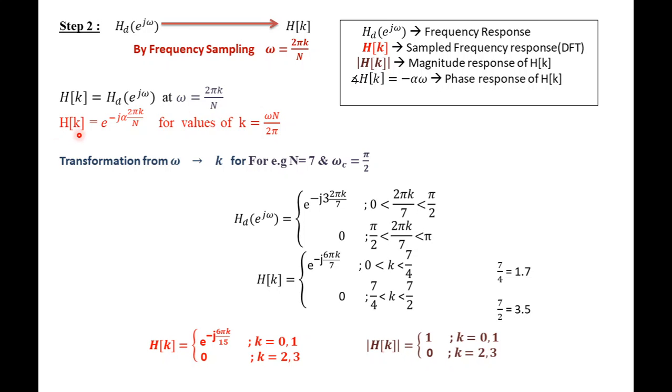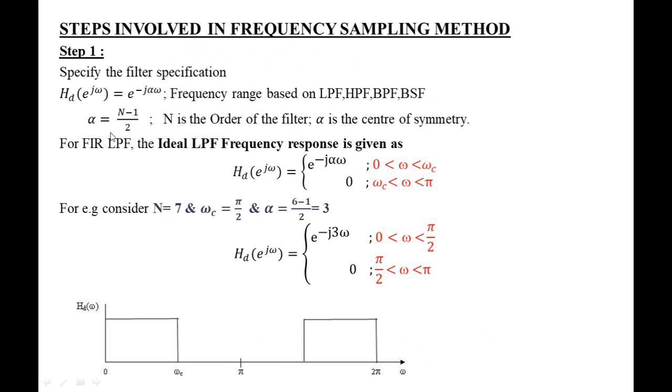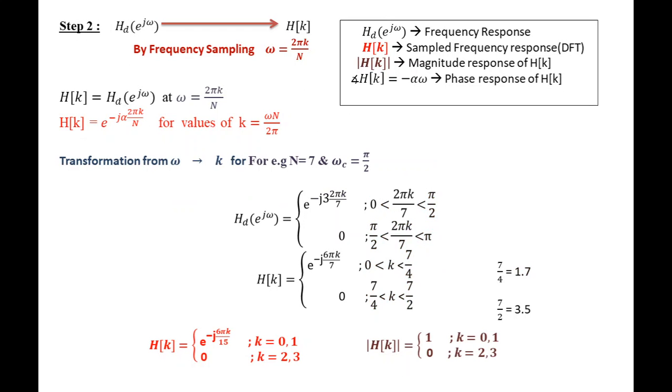So H of k is equal to, as we have seen previously, e power minus j alpha into omega. This omega is going to be replaced by 2 pi k divided by N for discretized values of k. So when omega equals 2 pi k by N, the corresponding k value will be equal to omega into N divided by 2 pi.